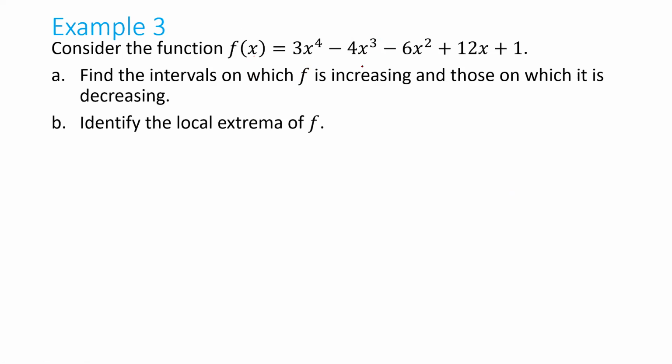And that tells us a bunch of information. It tells us where f is increasing, where it's decreasing. And it also tells us where we would have any local extreme values, any local maximum or local minimum values. So it gives us a whole bunch of information that we can then use to, for instance, piece together a very informative graph of this function. So let's do that.